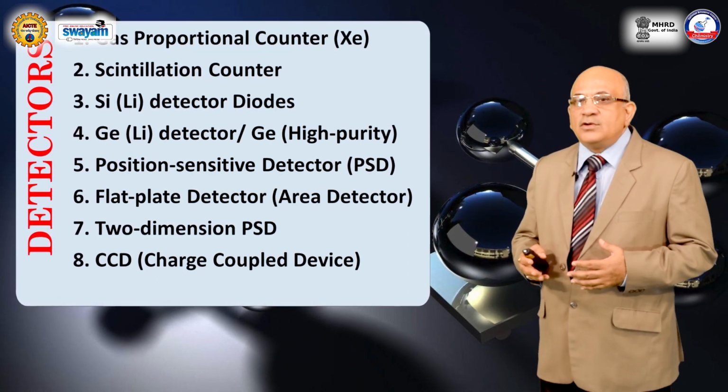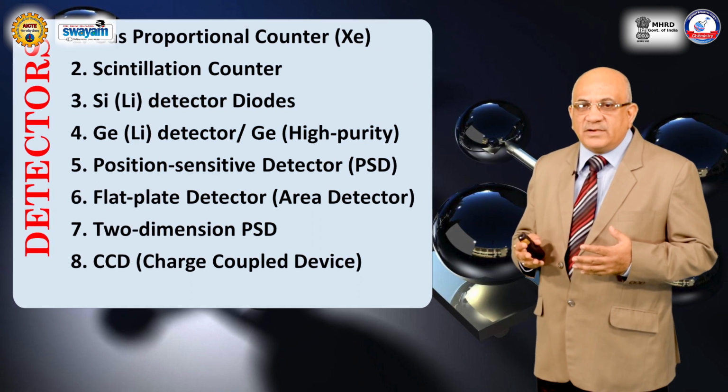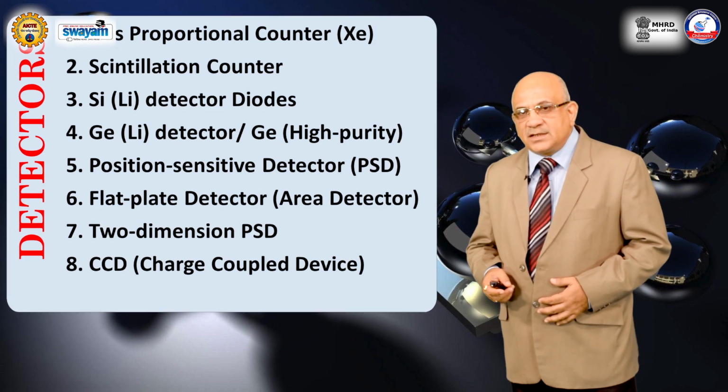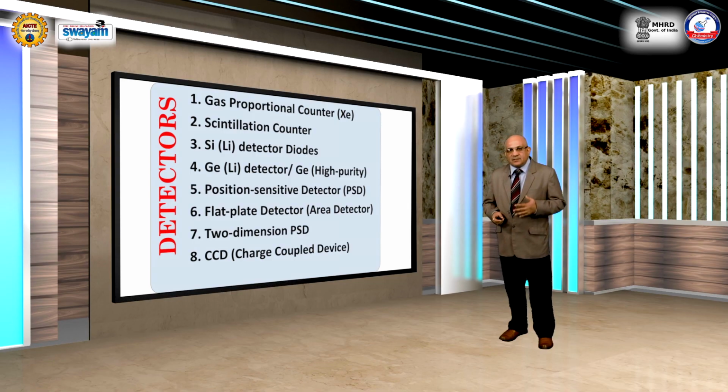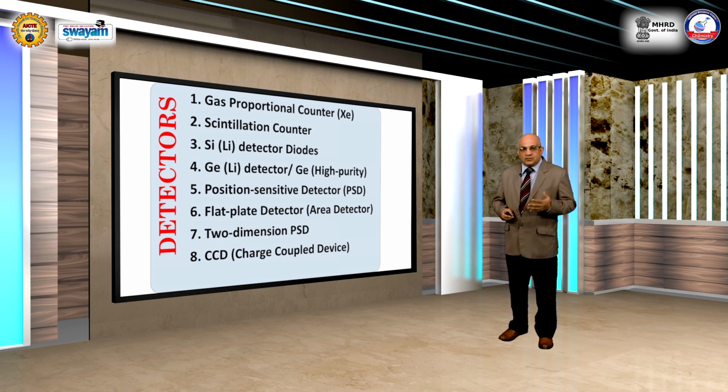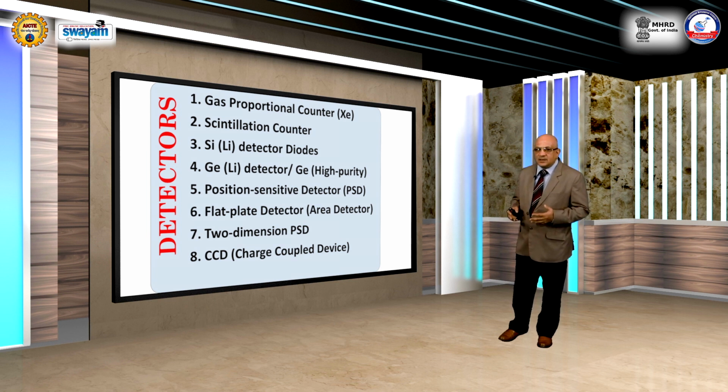So there is a whole lot of detectors, from very simple early types based on the proportional counter, then the most commonly used scintillation counters, and today the silicon detector, the germanium detector, and the most sophisticated detector, the charge coupled device.